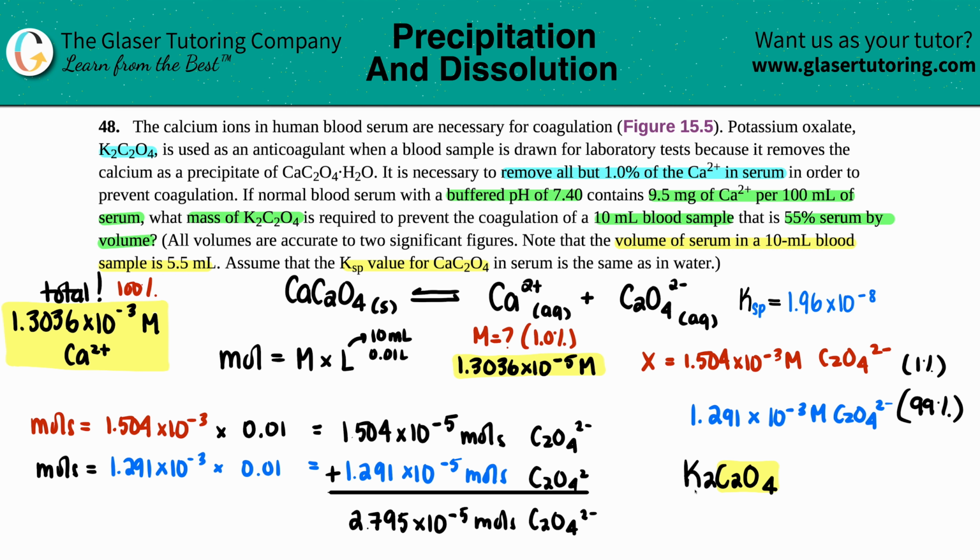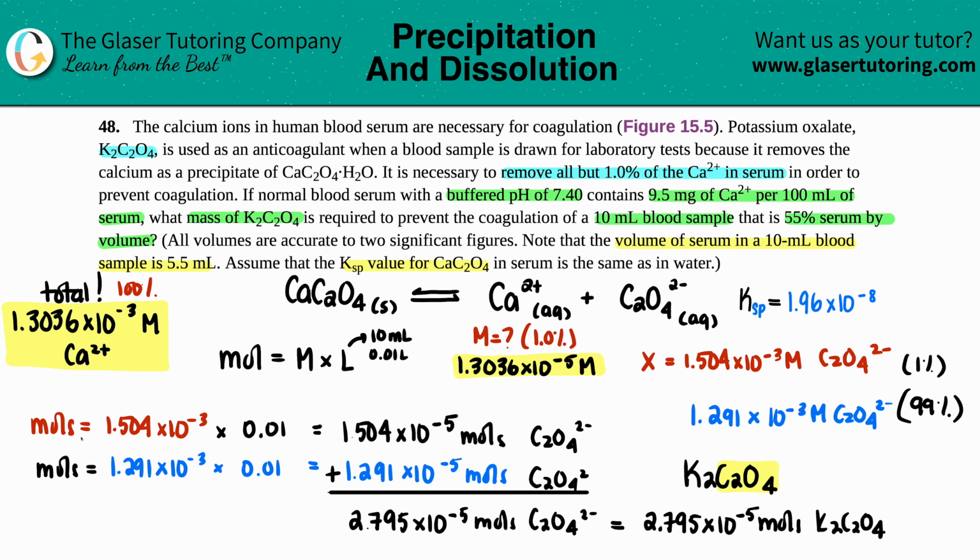So it's a 1-to-1 ratio. So this would also be equal to the same amount of moles as the whole compound. So this would be 2.795 times 10 to the negative fifth moles of K2C2O4. And from that information, we could finally find out a mass.